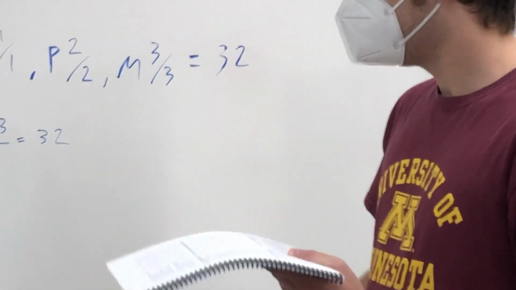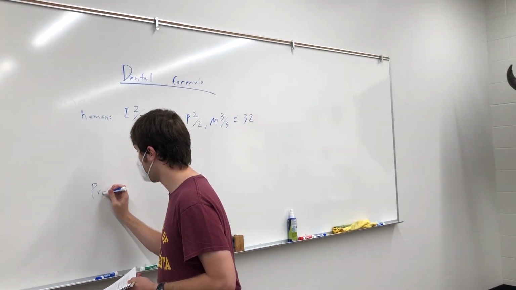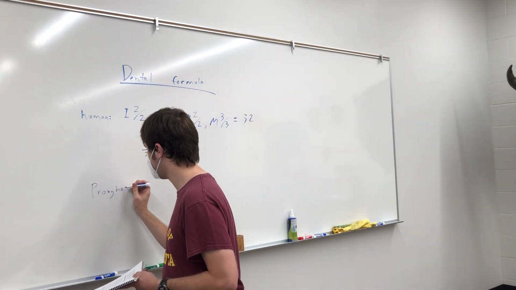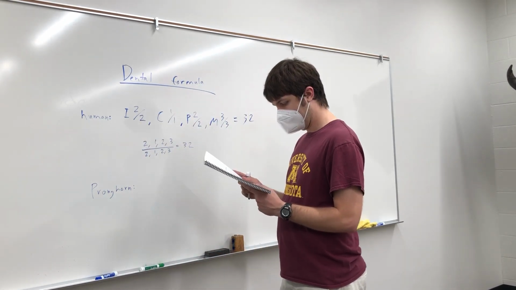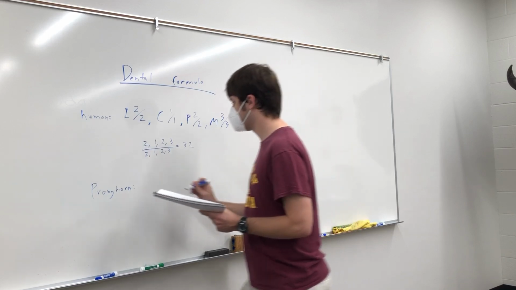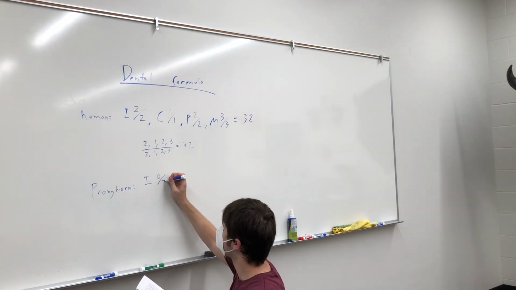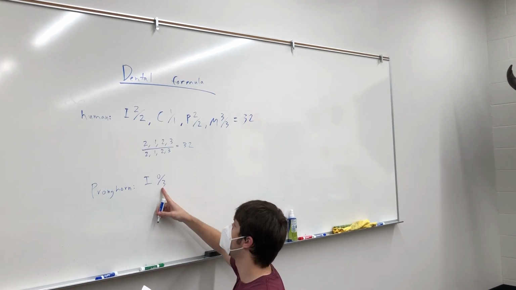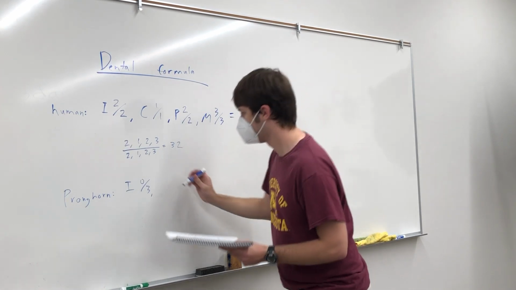I'm going to use pronghorn as an example because they don't always look like this. The numbers on top and bottom do not need to be the same, and you can have missing teeth. So here, according to this, incisors, we have 0 over 3. There are no upper incisors for pronghorn, or deer for that matter.